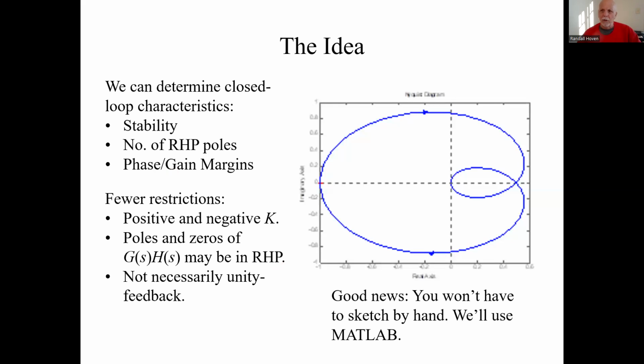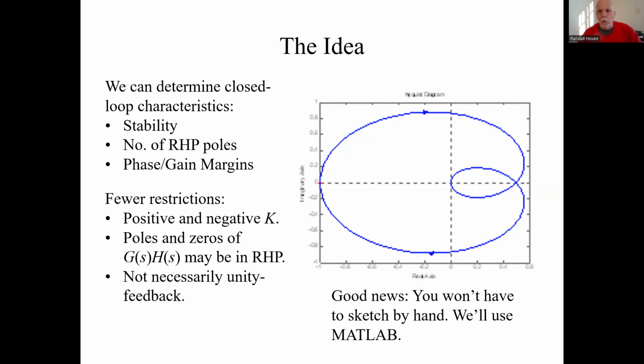We don't require minimum phase, so again, it's unlike both root locus and Bode plots. And we don't have to have unity feedback, which is what I limited our Bode analysis to.